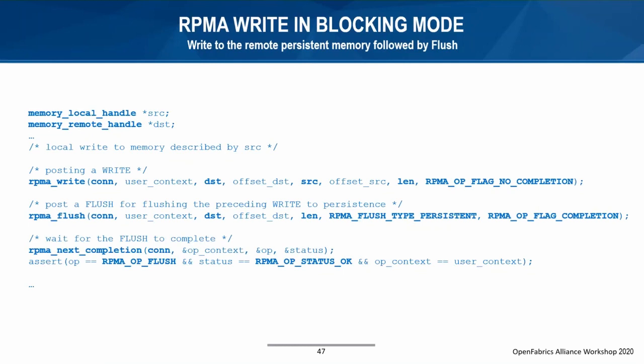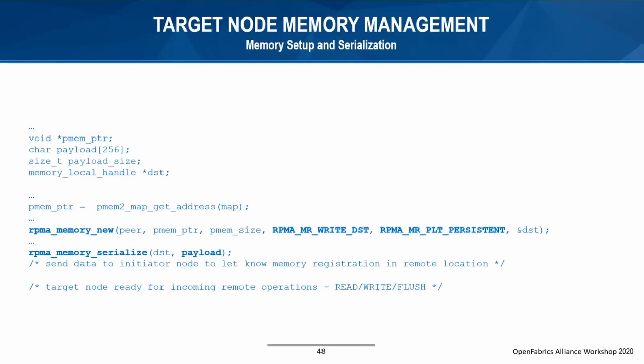Next slide, please. This is a very simple example of how to register the memory. In this case, we use the PMem2 library for obtaining the persistent memory.